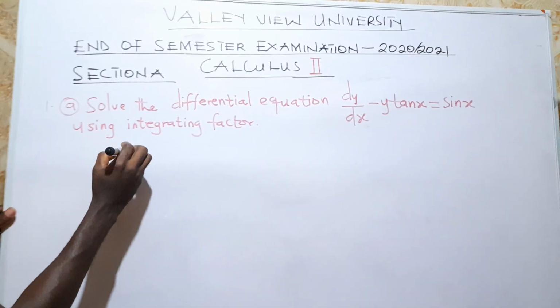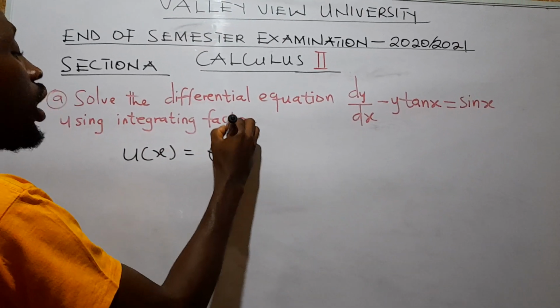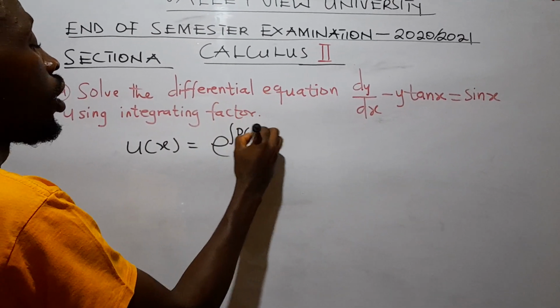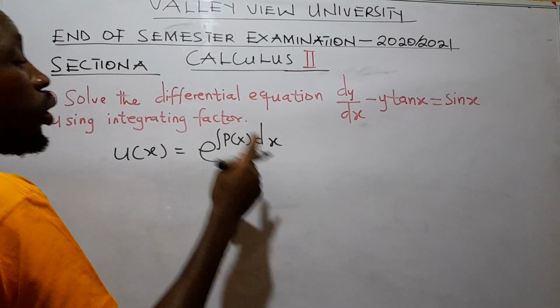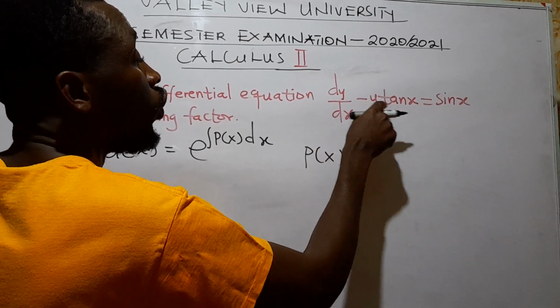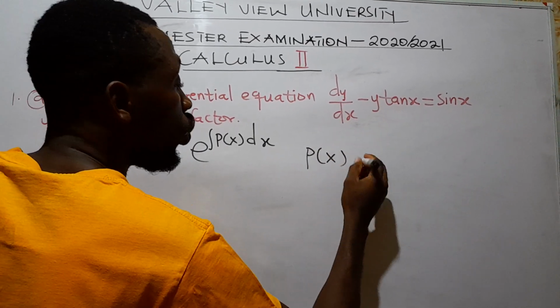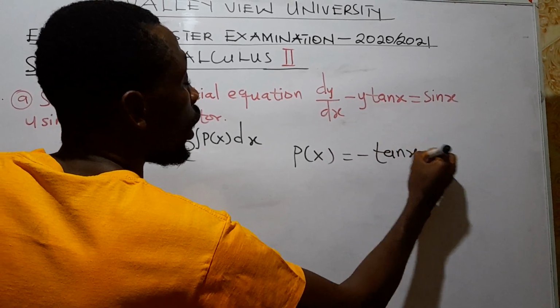The integrating factor u of x is given as e raised to the integral of p of x dx. What is this p of x? The p of x is equal to the coefficient of this y here. The coefficient there is negative tan x.